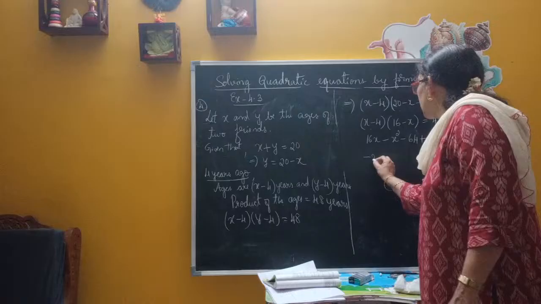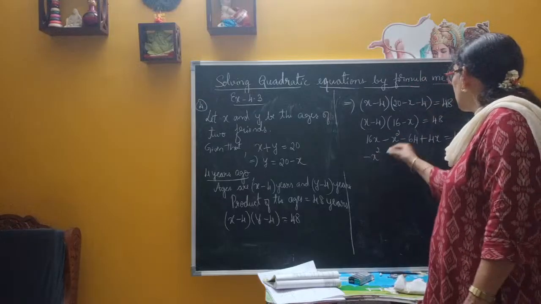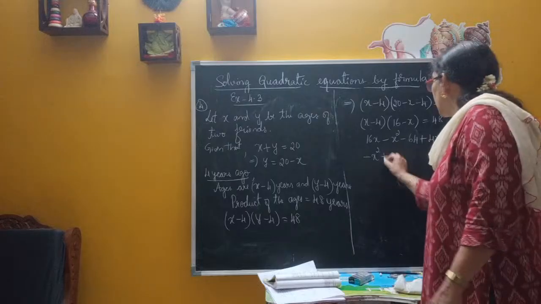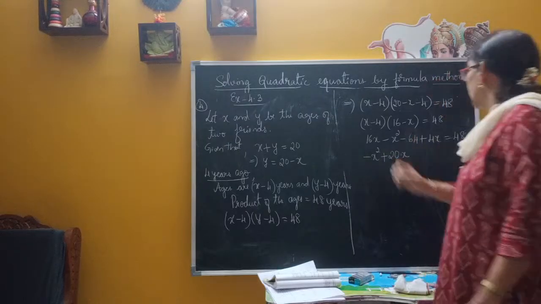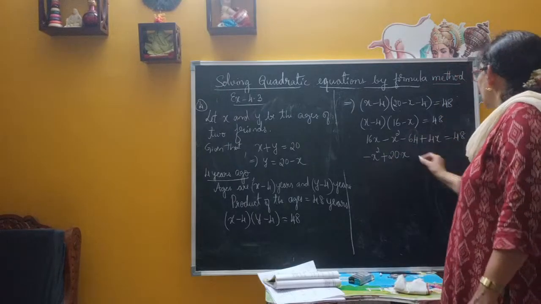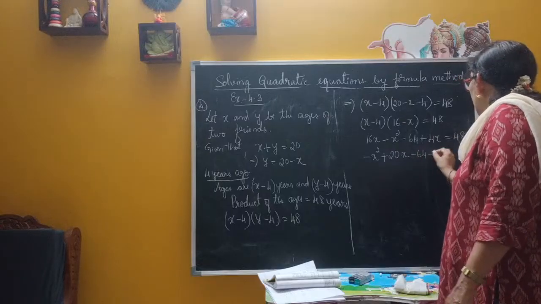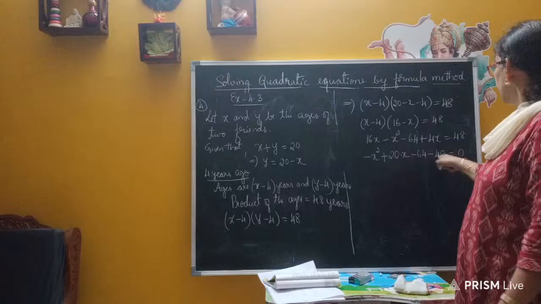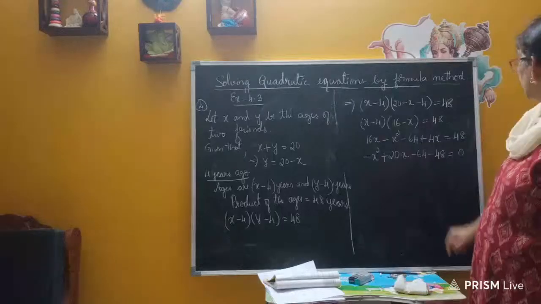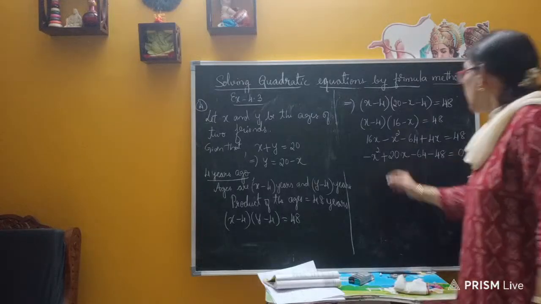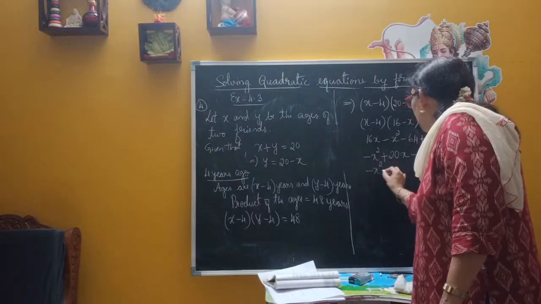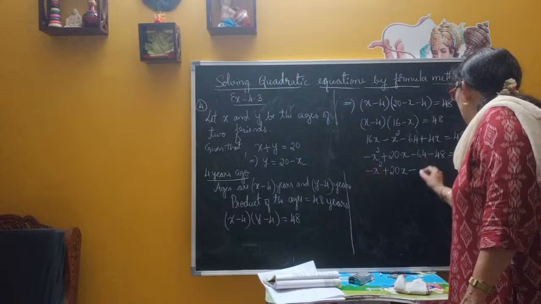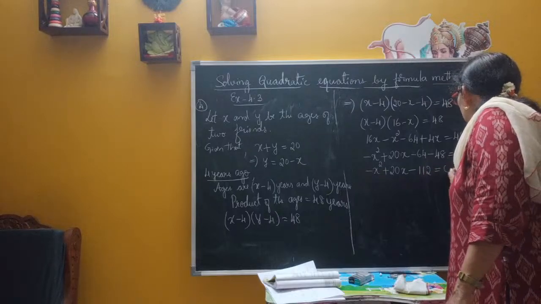Let us write in standard form: minus x square, then plus 16x plus 4x, we get plus 20x, minus 64, and I bring 48 to the LHS, is equal to 0. 64 plus 48, how much here? 60 plus 40, 100, so 112. So minus x square plus 20x minus 112 is equal to 0.